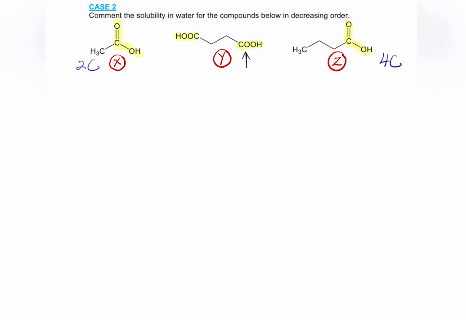So as you see here, X has lower molecular weight that contributes to smaller size of alkyl group, hence smaller hydrophobic area. So it means that X has higher solubility compared to Z. So this one will be the second highest, and Z will be the lowest solubility compared to the other two.